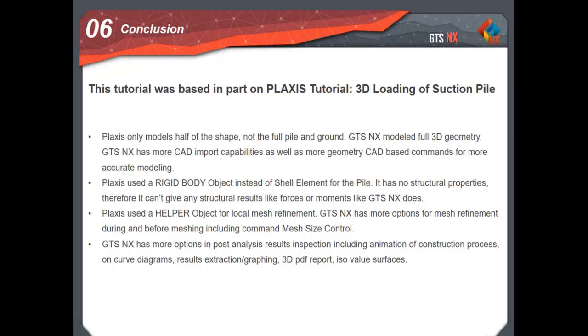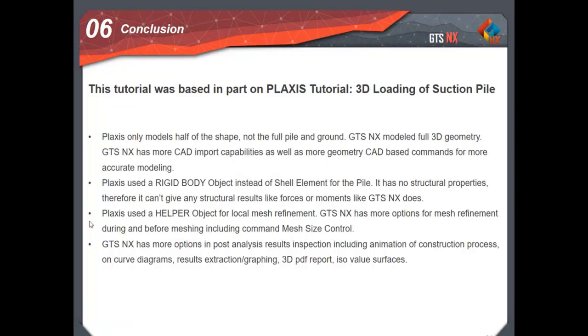This is common for models in Plaxis. They have very simplistic options for the shapes they can do, whereas we can do any kind of complex geometry, especially with our CAD compatibility. It's very handy for companies to just do their full geometry model in AutoCAD, import it directly to GTS and just start meshing.